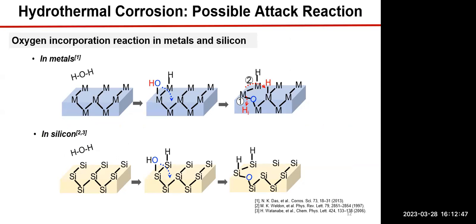For example, for the silicon material, we can see that as the water molecule is absorbed on the surface, it will dissociate into a hydrogen and a hydroxyl, and the hydroxyl will further dissociate into a hydrogen and oxygen. And in this case, the oxygen will try to break the silicon bond as shown here and damage the surface. So based on this kind of phenomenon, we may assume that for silicon carbide, a similar reaction may also happen.